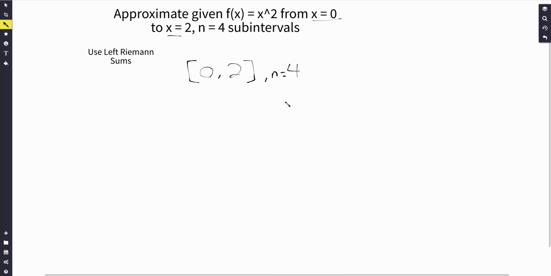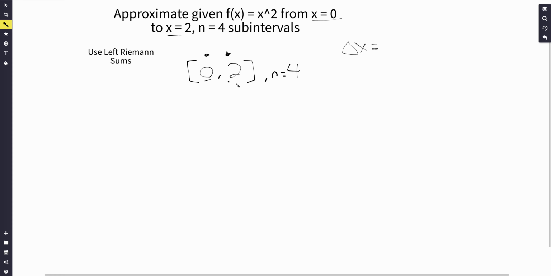So back to our summation equation for the left Riemann sum, we know that we need to find the delta x, and we can find that with our given values. So we know that this is the a value and this is the b value, because a comes first, then b is next in the alphabet.